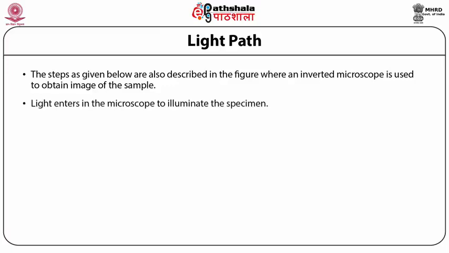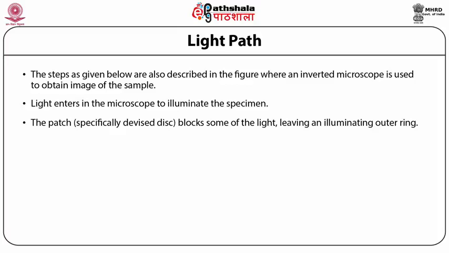First, light enters in the microscope to illuminate the specimen. Second, the patch, specifically devised disc, blocks some of the light, leaving an illuminating outer ring. Third, condenser focuses light onto the sample.